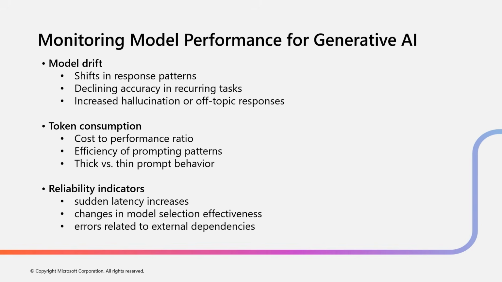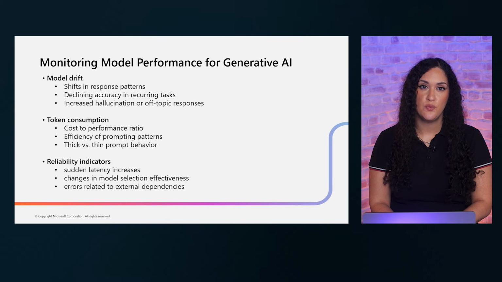Reliability indicators like sudden latency increases or changes in model selection effectiveness can signal backend issues. Your best practice is to establish baseline metrics for model behavior and set up automated drift detection. Do not assume that because the model was fine last month, it's fine today.